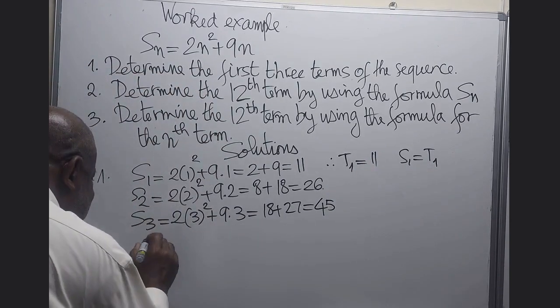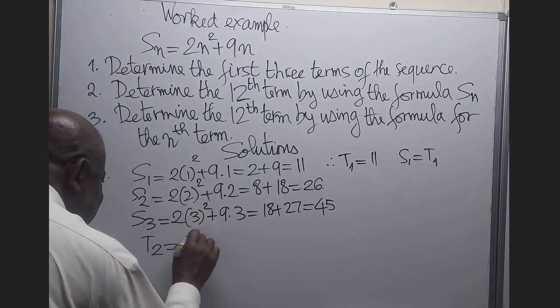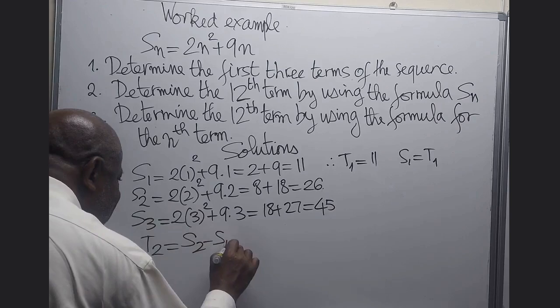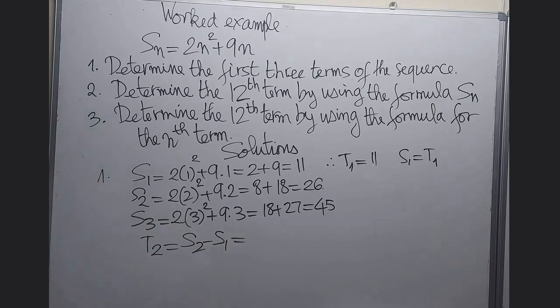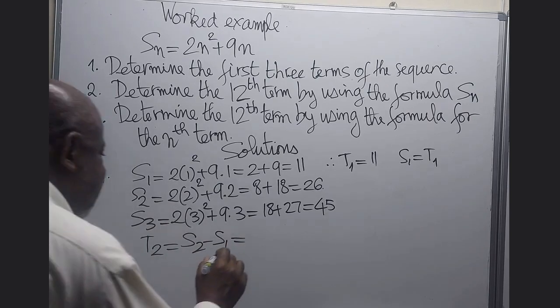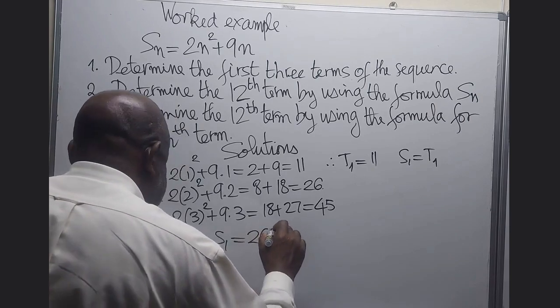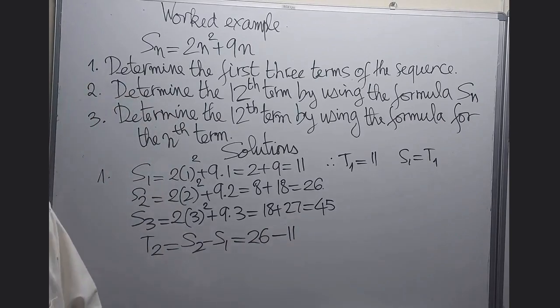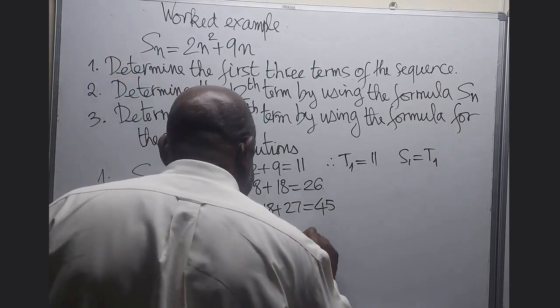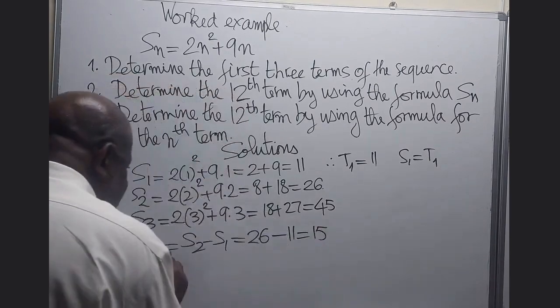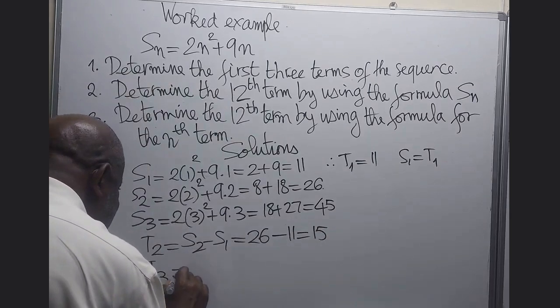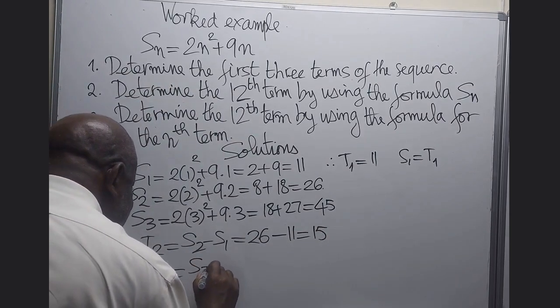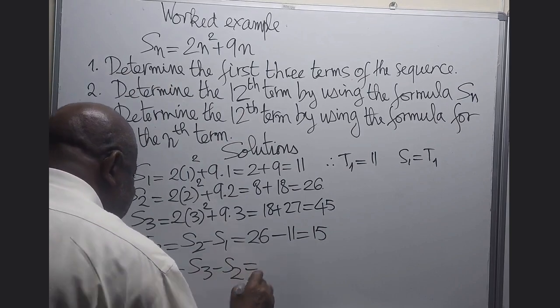Now we already have our T1, because S1 is equal to T1 and that is 11. Now let's get T2. T2 will be equal to S2 minus S1. We know the value of S2 is 26 and S1 is 11. 26 minus 11, then we're getting 15. And after, we're going to go to T3. T3 will be equal to S3 minus S2.